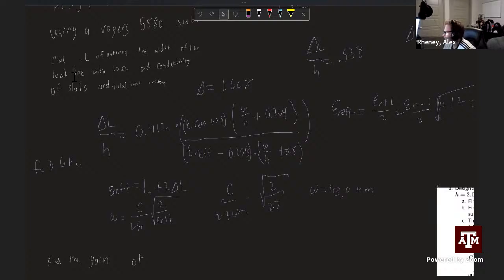Yeah, if you're looking at question 8A, it's what we just did, but to find the actual L value, since delta L is different. No, I was saying the width of the microstrip lines. Oh, yeah. All right, you mind pulling those equations up and reading them off so I can write them down real quick? Let me find them real quick.